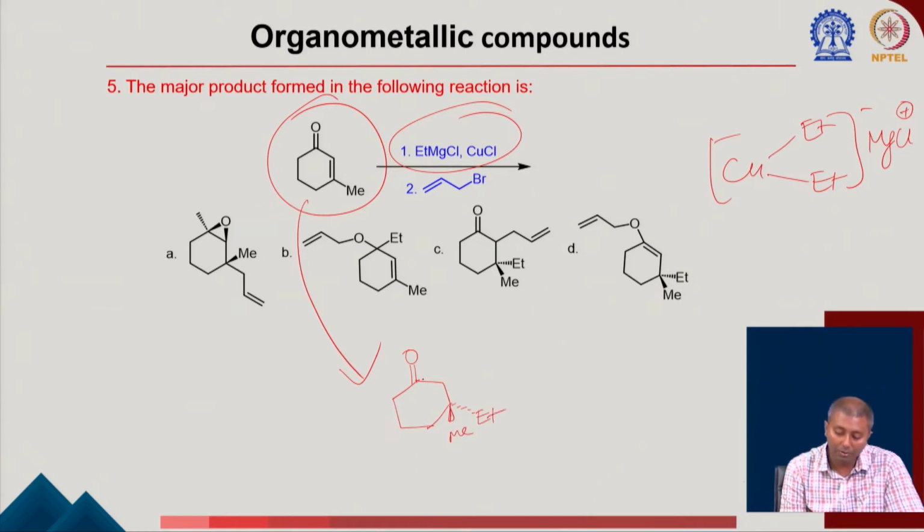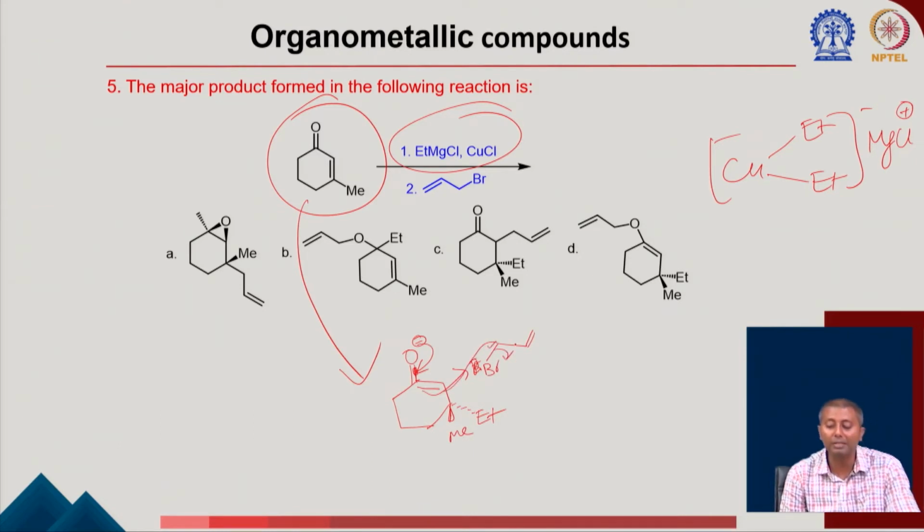Now once you introduce it, you will be forming this type of corresponding carbanion, which can also come back and trap with the electrophile. Here you have an allylic bromide, so it is going to react with the corresponding allylic bromide.